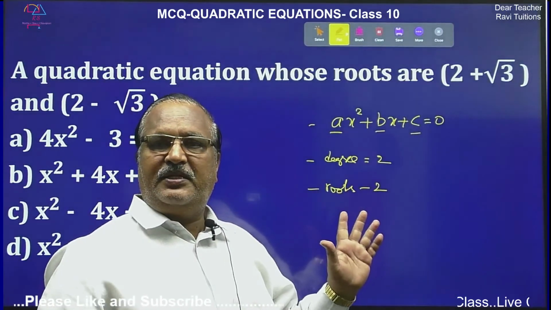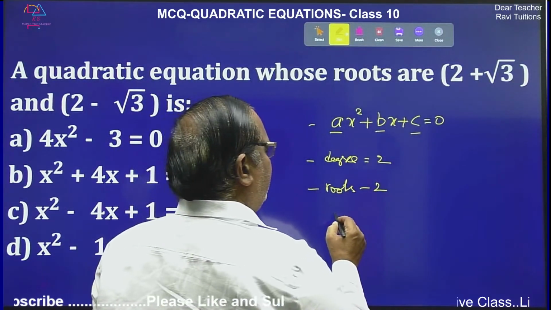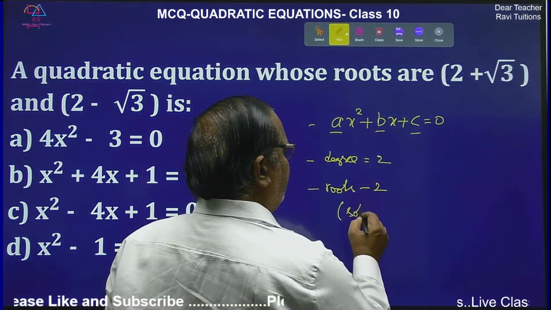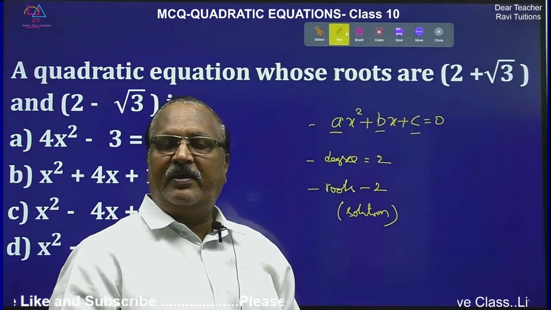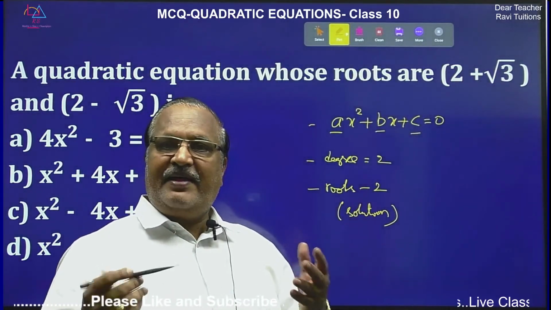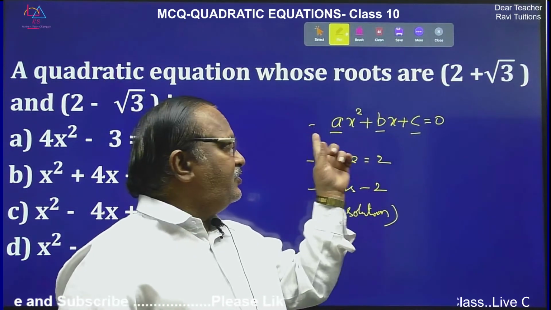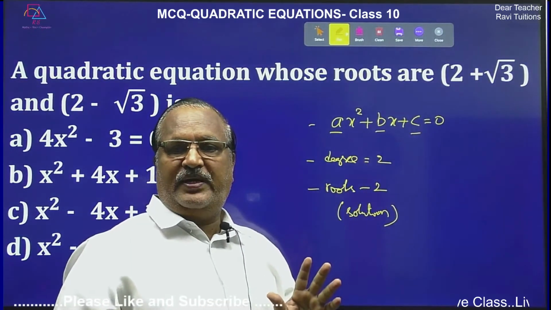A root is also known as a solution of the equation. A solution is the value of the variable where this quadratic equation gets satisfied.